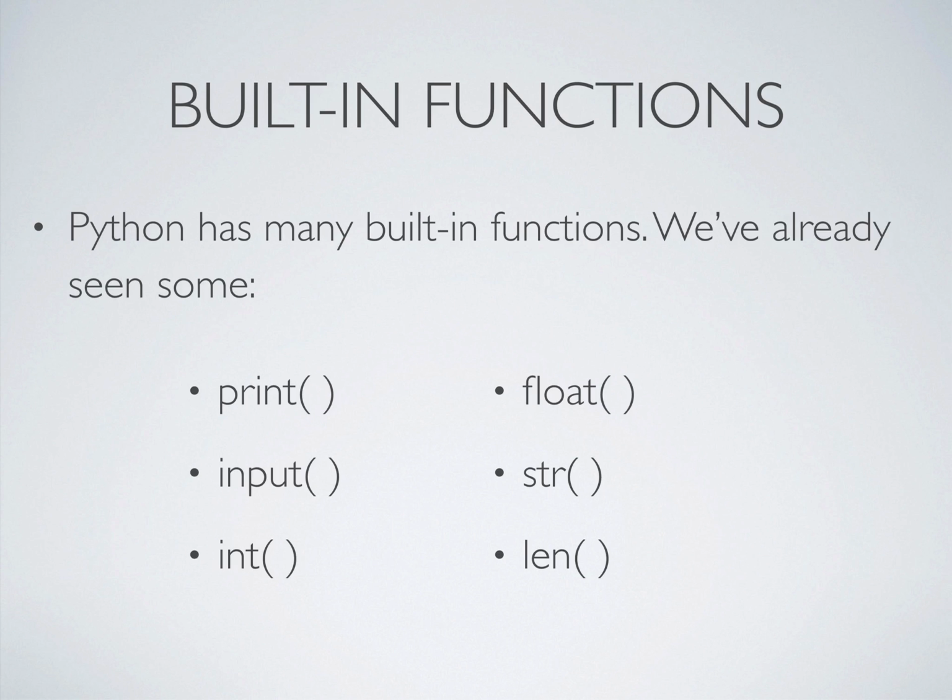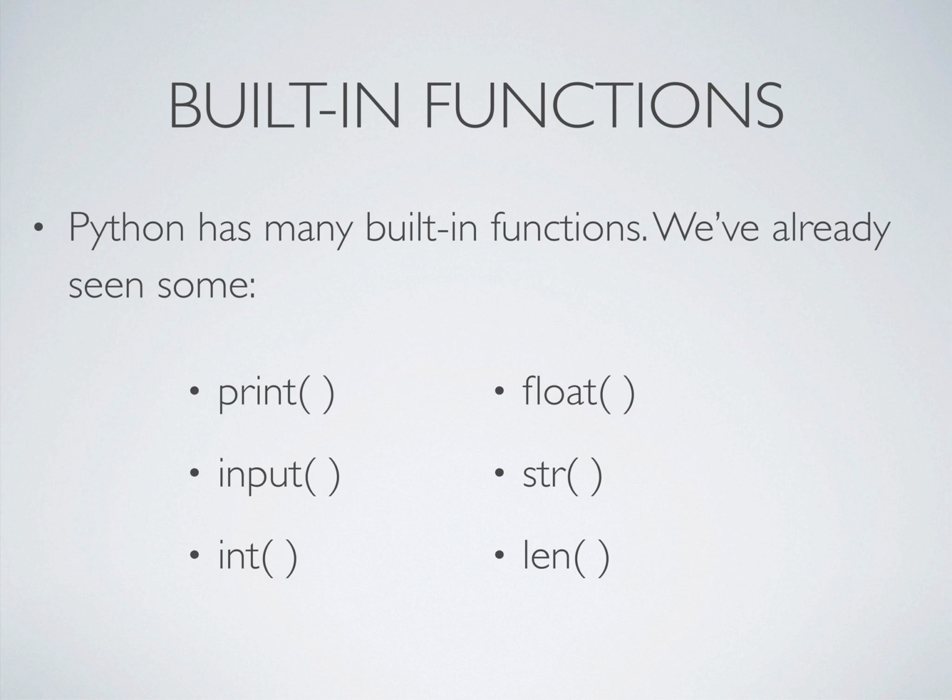Alright, so we've actually already used some functions in this class. I've been referring to these as built-in Python abilities, but they're really functions. Again, functions are collections of programming instructions that carry out a particular task. Here are some functions that already exist in Python. They've already been written for you, and you can use them in your code, and we have used them in our code.